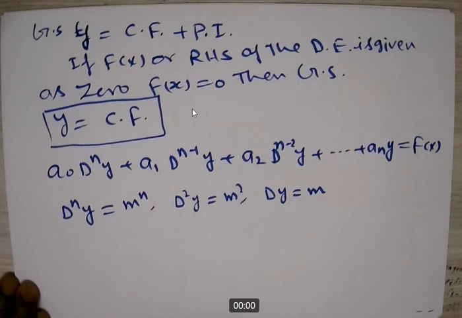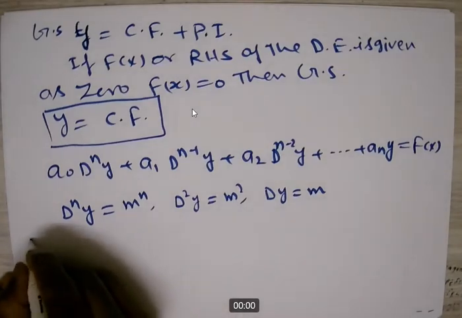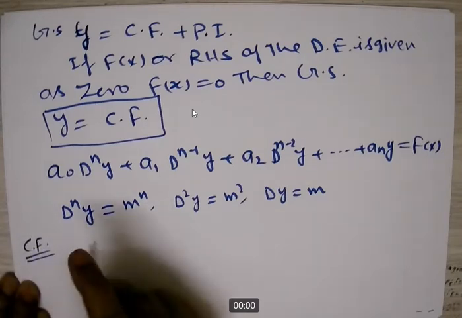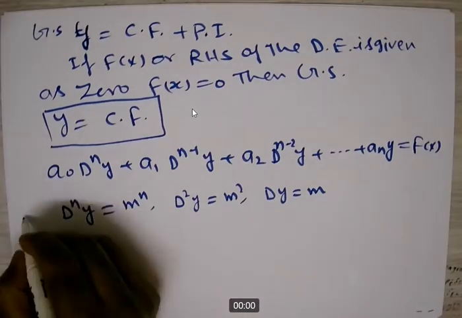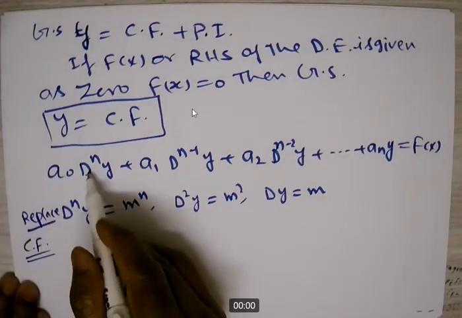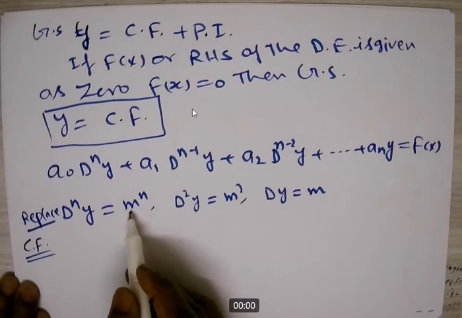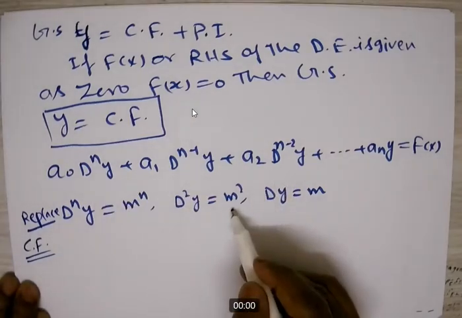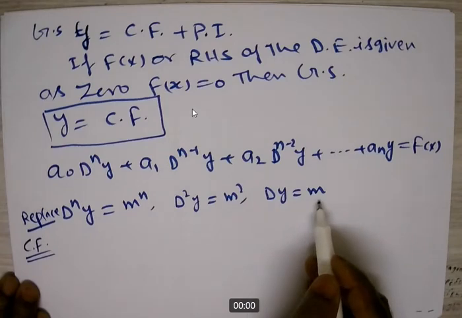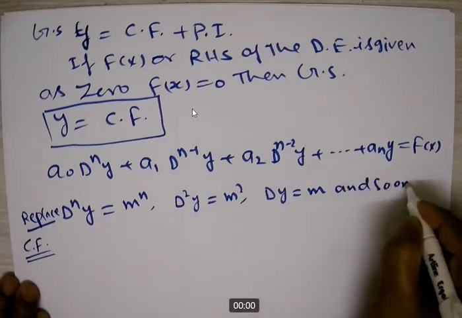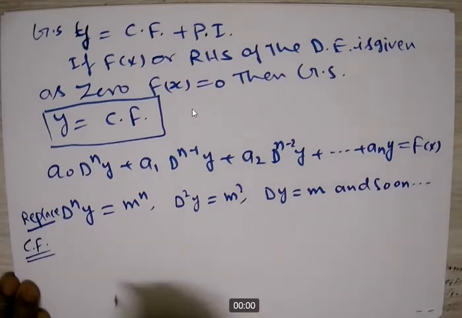Now, for getting the complementary function, that means for writing complementary function, what you have to do, just replace D^n y as m to the power n, D^2 y as m to the power 2, D y as m, and so on. Then what happens?